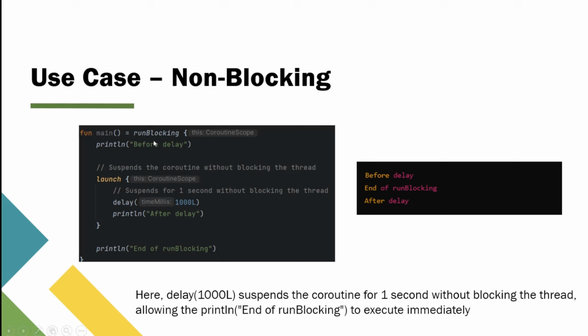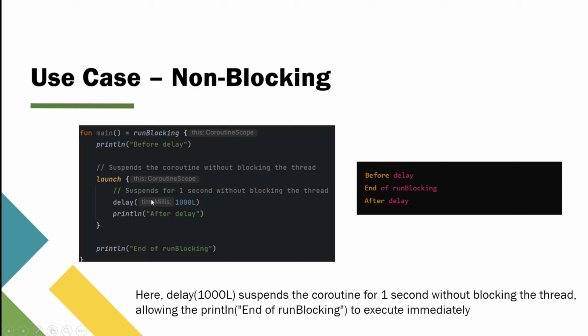Assuming we are starting one coroutine where we first print before delay, then the suspend coroutine will be called like launch with a delay of some milliseconds, and then it will print something, and outside this block we will print end of runBlocking. So the result of this block is that before delay is printed, then end of runBlocking is printed, and in the last you can see after delay, which is this one.